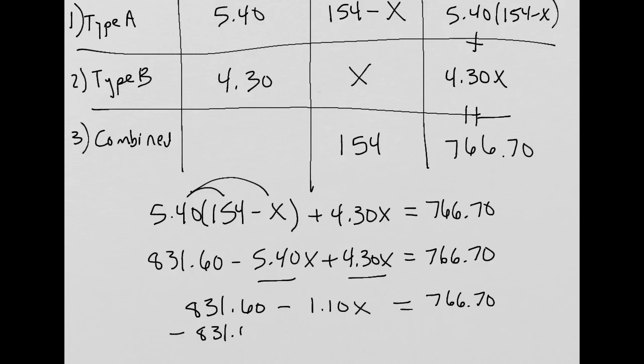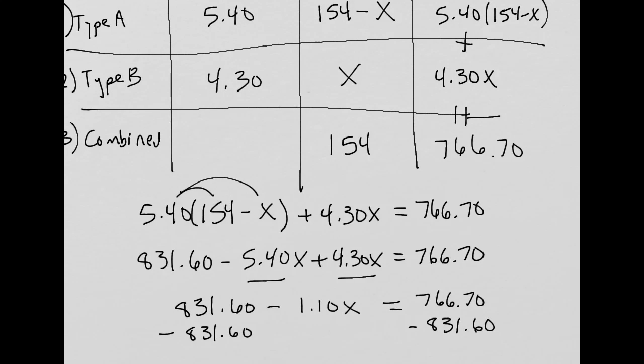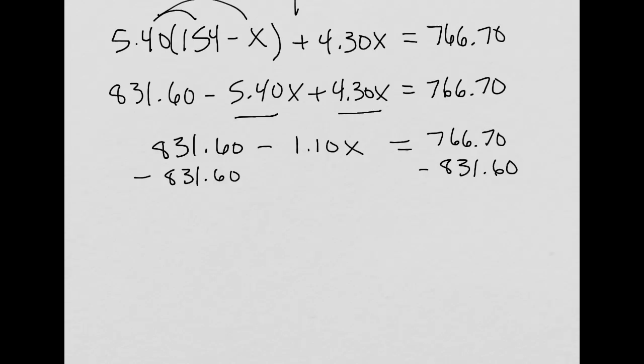Subtract 831.60 from both sides. And that's going to give us negative 1.10x on the left-hand side. On the right-hand side, we've got negative 64.9.